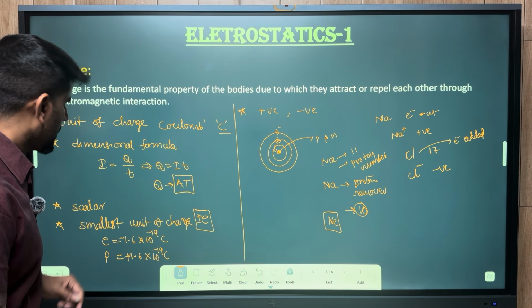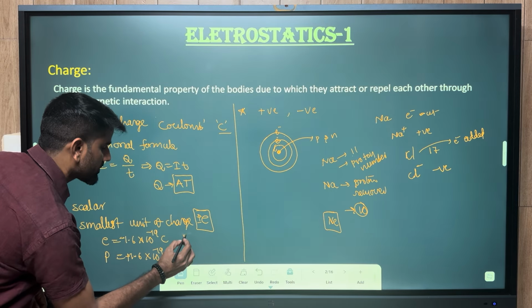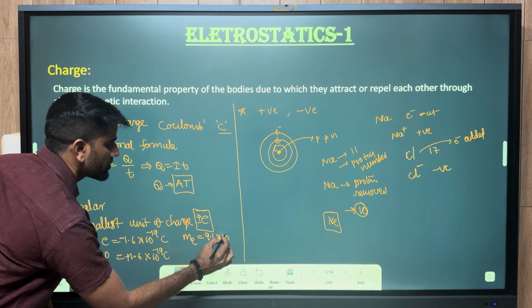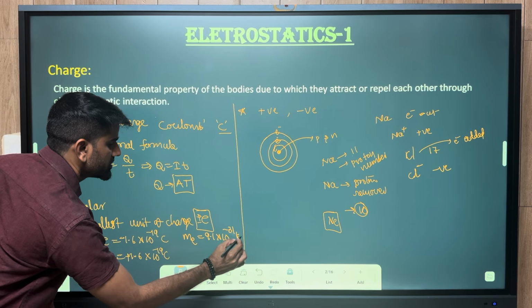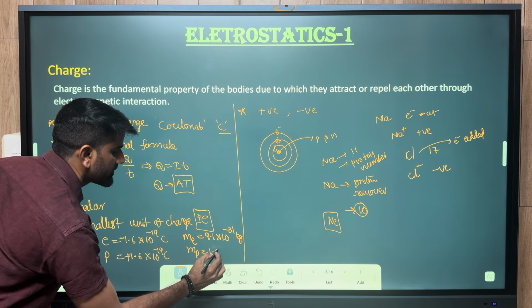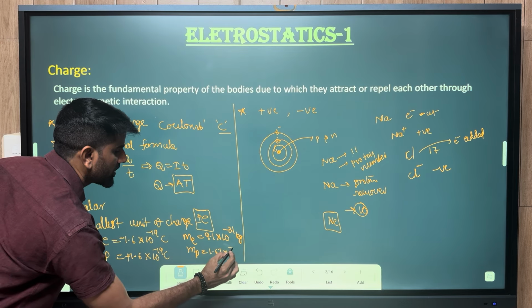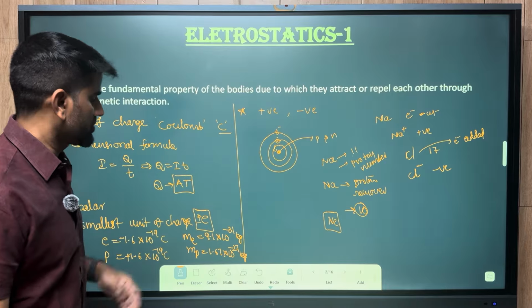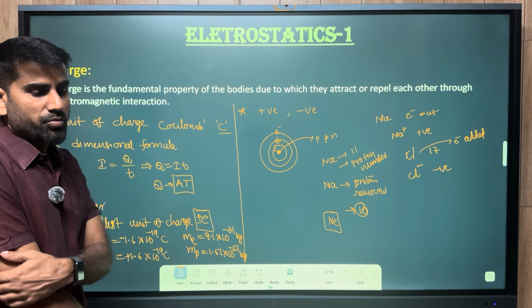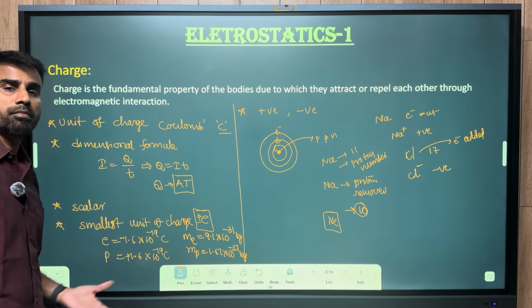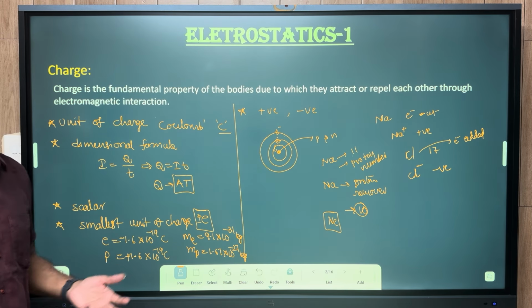I forgot to tell you the mass of an electron is 9.1 times 10 to the minus 31 kg, and the mass of a proton is 1.67 times 10 to the minus 27 kg. I am giving these values because sometimes you may come across a question where this data is not mentioned.